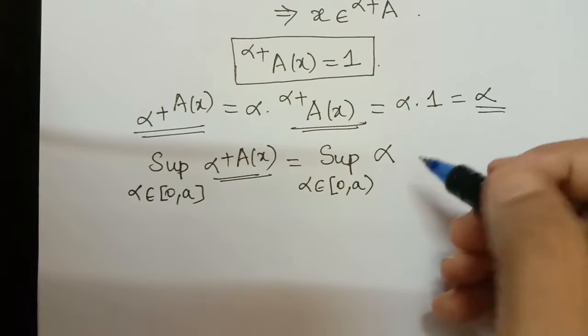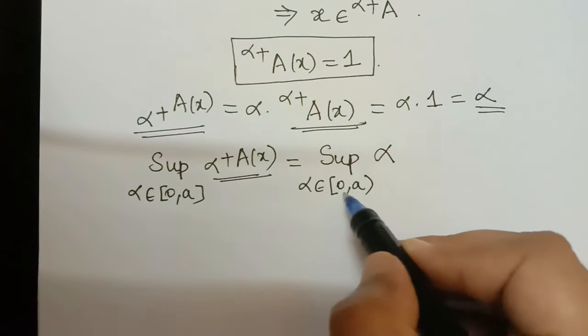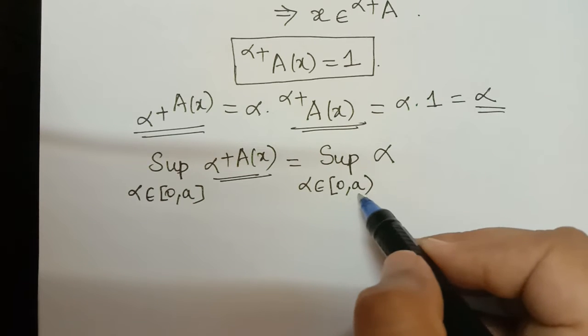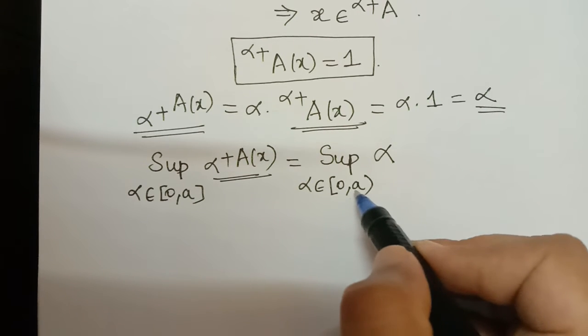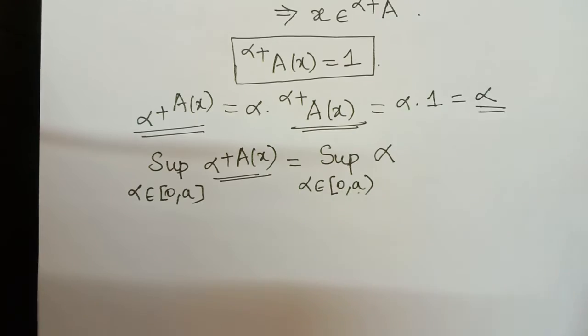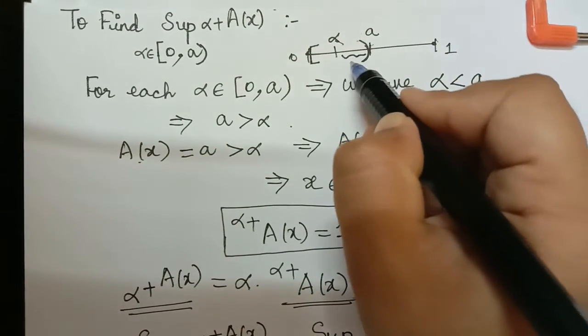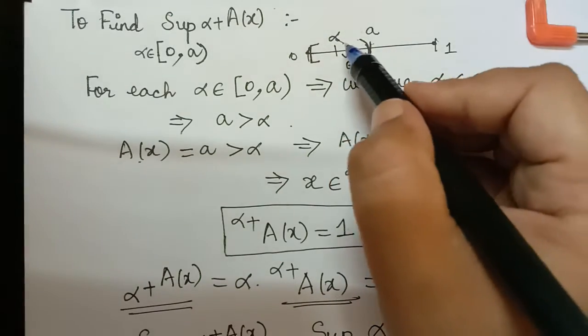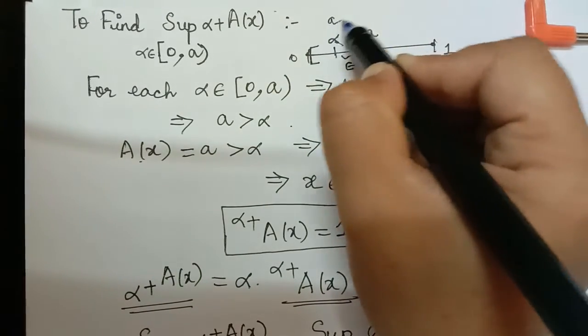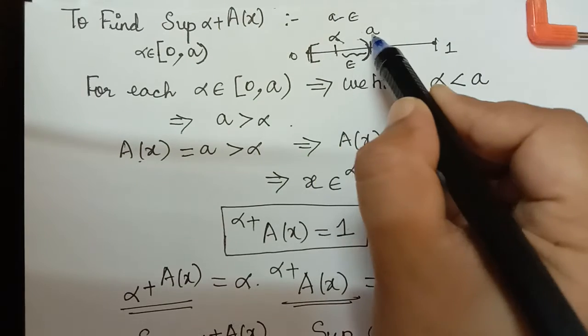But now what is the supremum value of alpha in this? We have excluded a, so the value of alpha will be lesser than a, as I showed you here. If we consider the gap to be a very small quantity epsilon, then this can be a minus epsilon, because it is lesser than a.